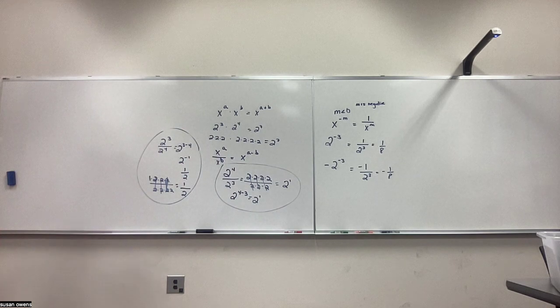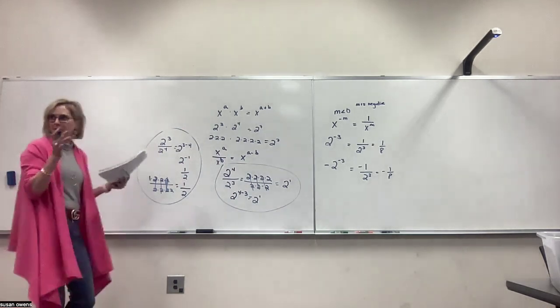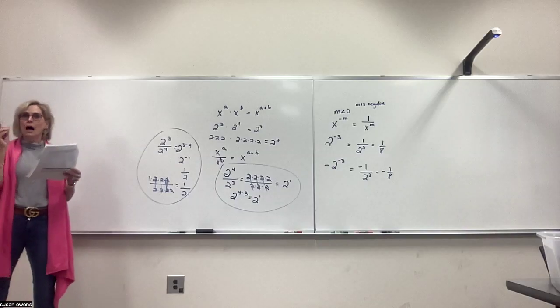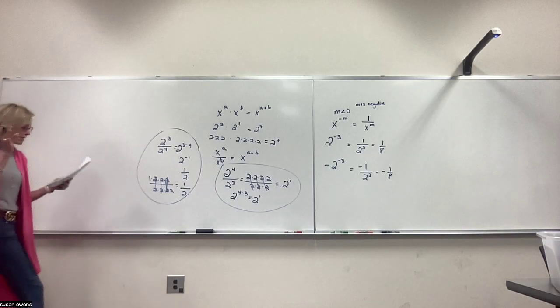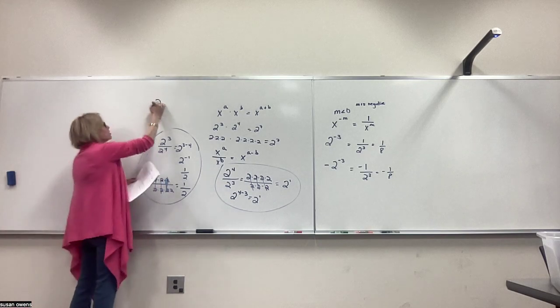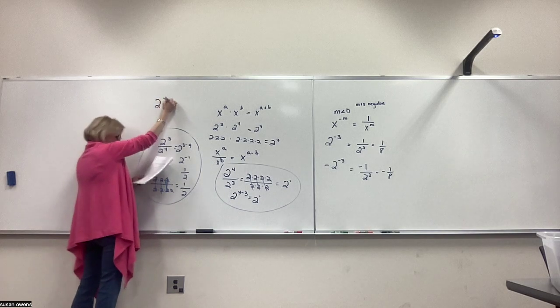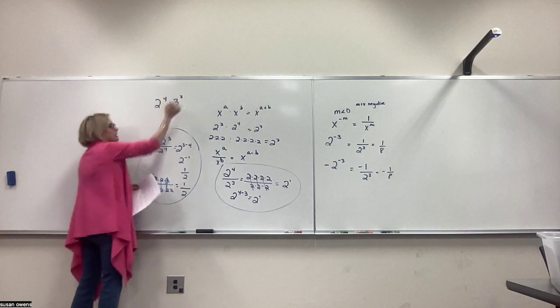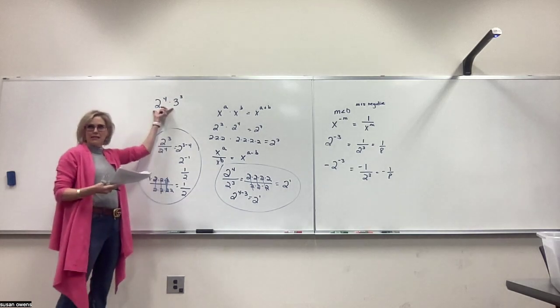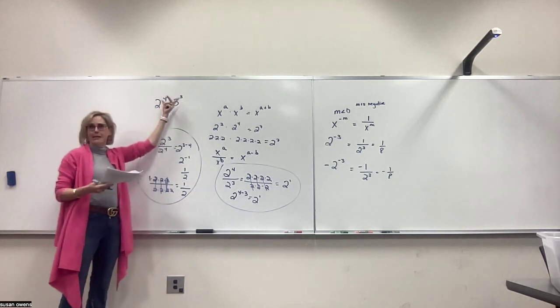Now, a lot of times where students get confused with this is, let's say we have 2 to the fourth times 3 to the third. And students want to multiply this 2 and the 3 and get a 6 and then maybe add the exponents.